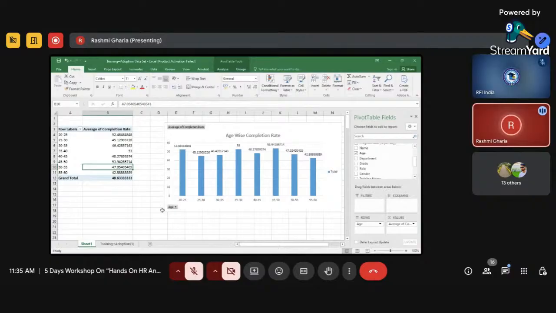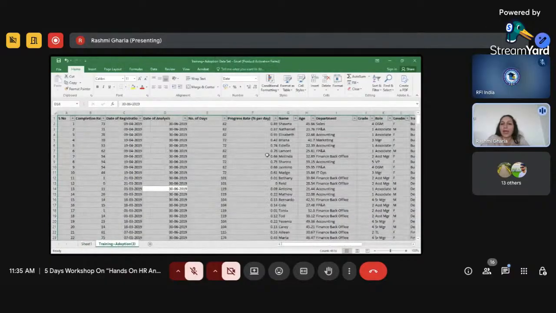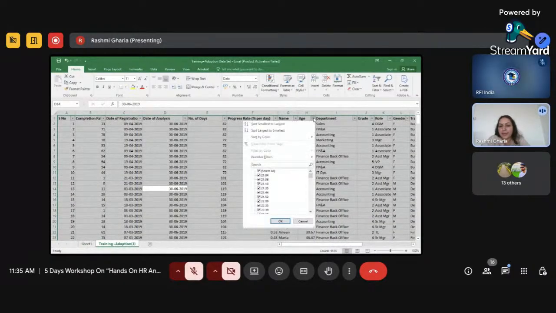If you're not able to understand, you can do it manually as well. Let's take an example. Suppose I want to calculate the average completion rate for employees below 30.